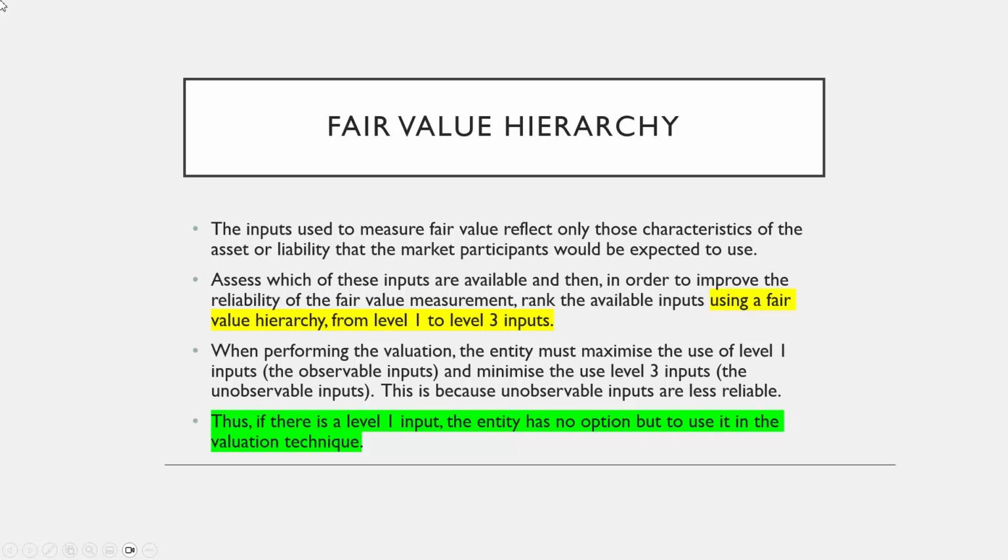Therefore, if there's a level 1 input, the entity has no option but to use that level 1 input in the valuation technique. IFRS 13 is very clear about this. You cannot use level 3 inputs when there's a better, more observable input that can be used within that valuation technique.